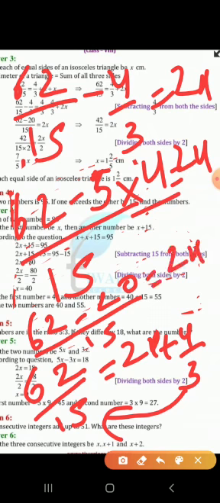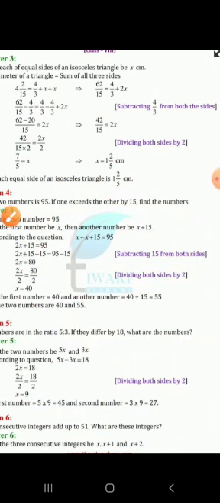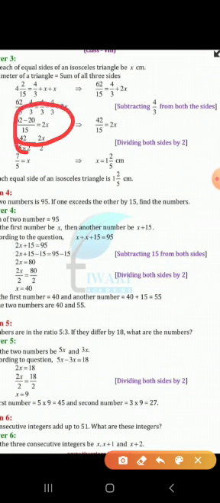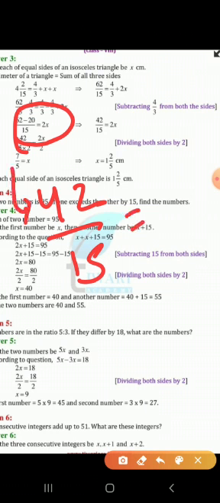So from here we will take up the solution. 62 minus 20, see here it is the same. 62 minus 20/15 equal to 2x. So 62 minus 20, it will be how much? 42/15 equal to 2x on this side.